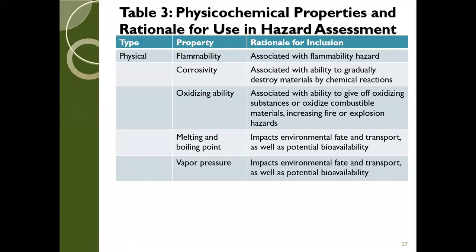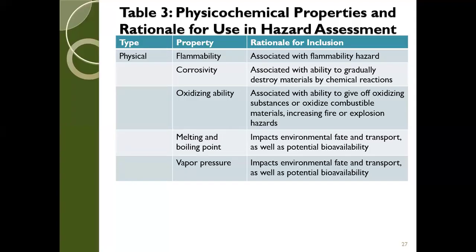And then you have corrosivity, that has to do with a substance that is corrosive, like acids. They have the ability to destroy materials through chemical reactions. If you add an acid to a metal, it will corrode that metal. So that property is known as corrosivity, and it's a physical property.